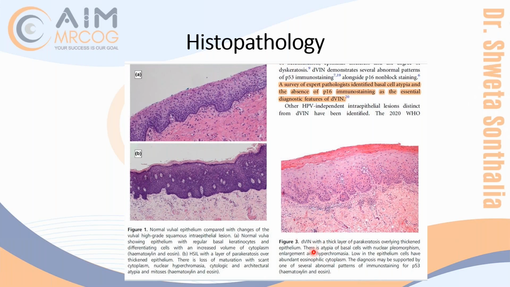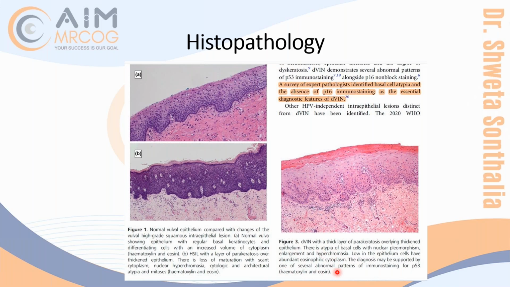And this differentiated VIN again will have parakeratosis, thickened epithelium, and atypia, and all the usual features of a pre-malignant lesion will be there. If you appreciate in this, there will be abundant eosinophilic cytoplasm.